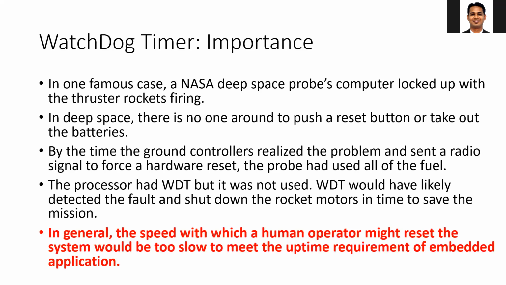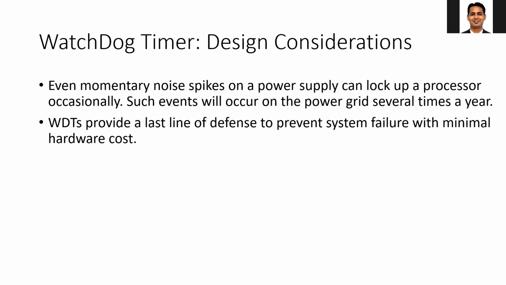In general, the speed with which a human operator might reset the system would be too slow to meet the uptime requirement of the application, and that's why you should make sure that you make use of the watchdog timer to avoid such scenarios. Faults can happen in multiple scenarios.